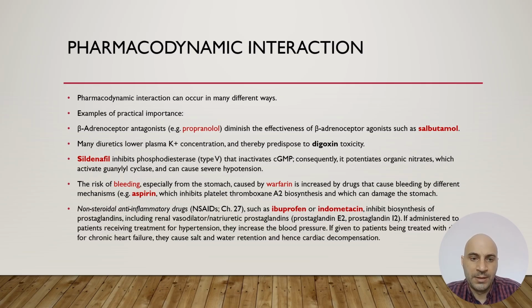Beta receptor antagonists like propranolol will diminish the effect of beta receptor agonists like salbutamol. One is used for heart problems, one is used for asthma, and then taking propranolol will reduce the effect of salbutamol on asthma, which can be dangerous.